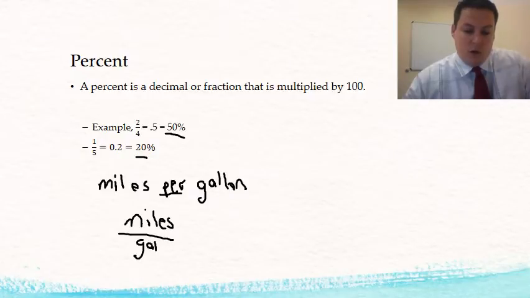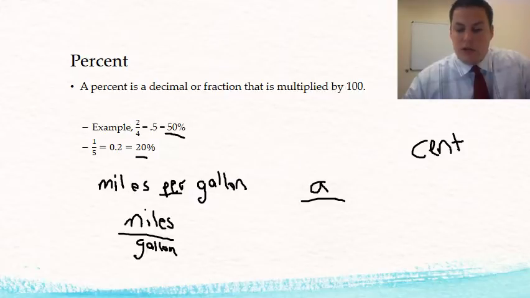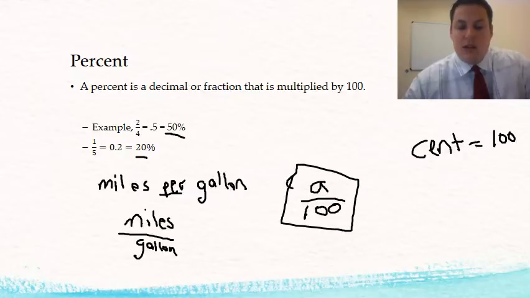So that's where the word percent comes from, because per means it's going to be some sort of ratio, some number. Cent, as a prefix or a suffix, means 100. So it's some ratio divided by 100. That's how we find a percent.